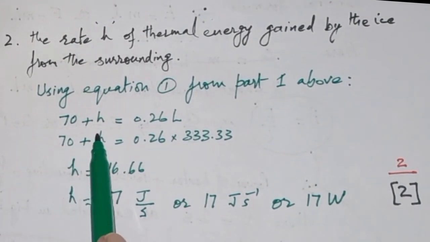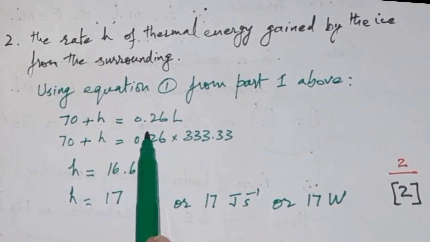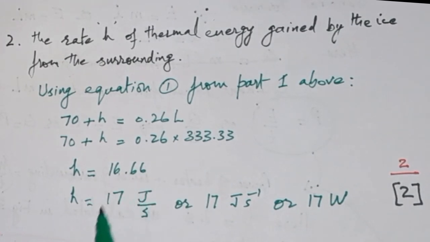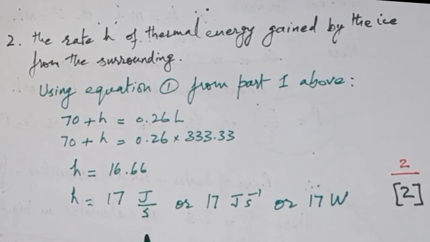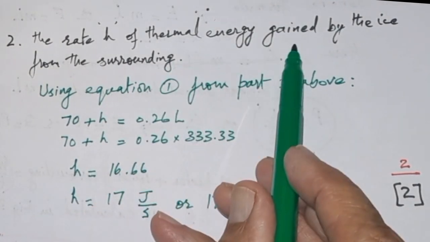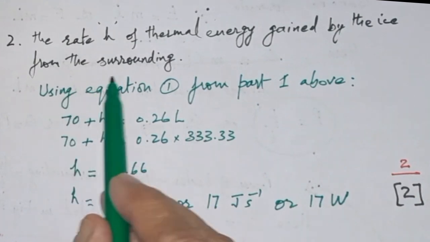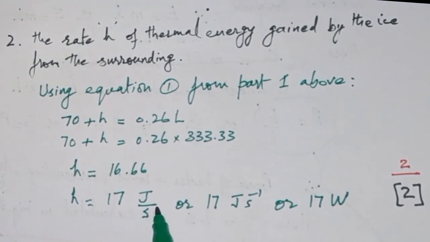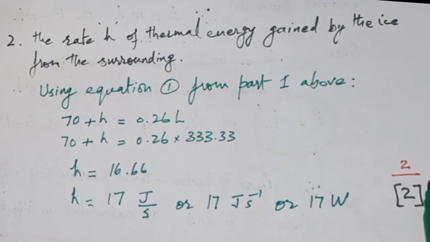So 70 plus h is equal to 0.26 into L. Put in the value, solve, and get 17 joule per second or 17 watt, because he is asking you the thermal energy gained by the ice from the surrounding. So thermal energy is 17 joule and power is 17 watt, and get 2 marks.